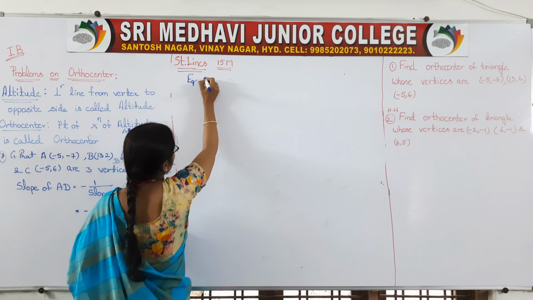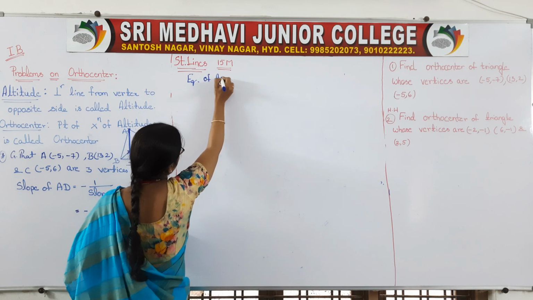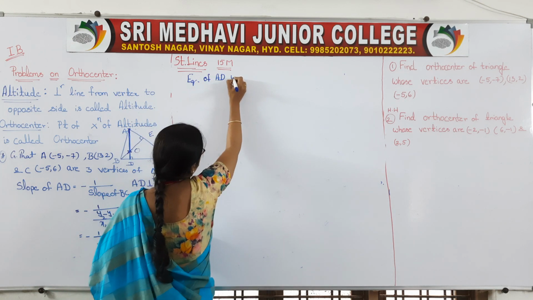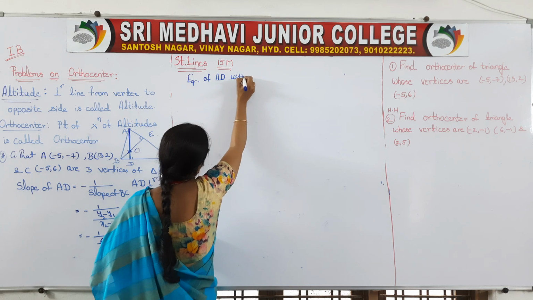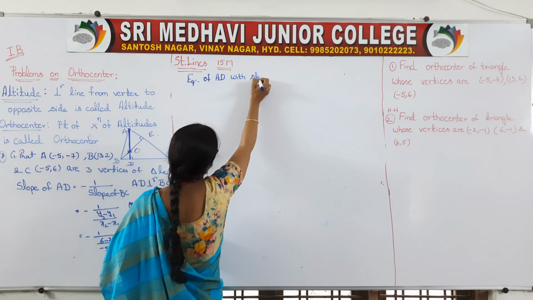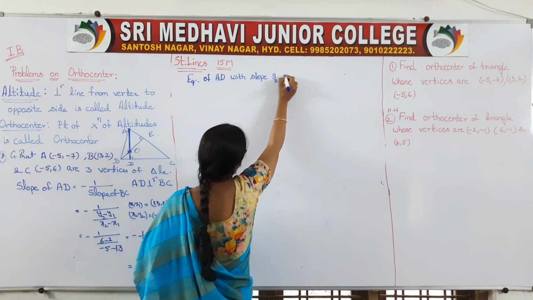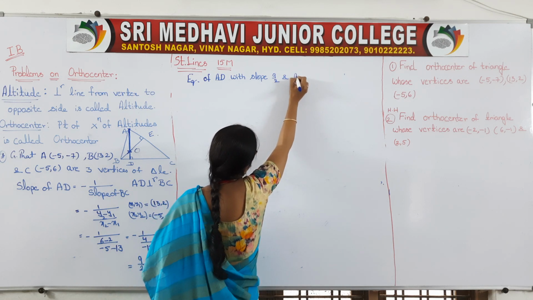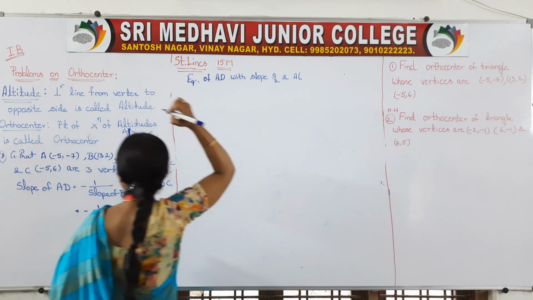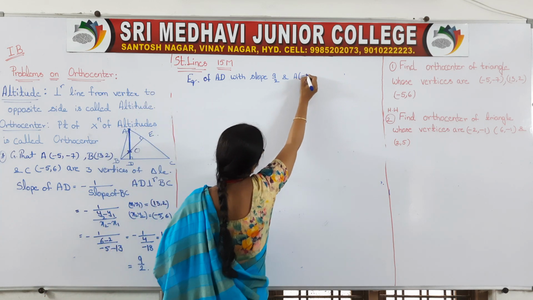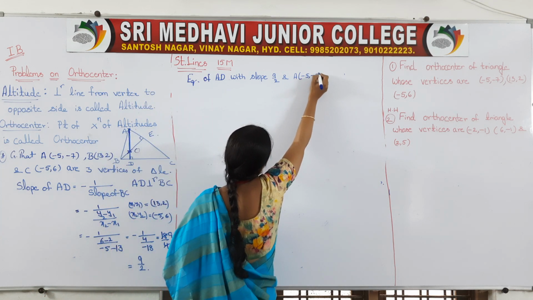So the equation of AD with the slope, what is the slope? Now only we got the slope, 9 by 2, and passing through the point A. What is the A point? Minus 5, minus 7.